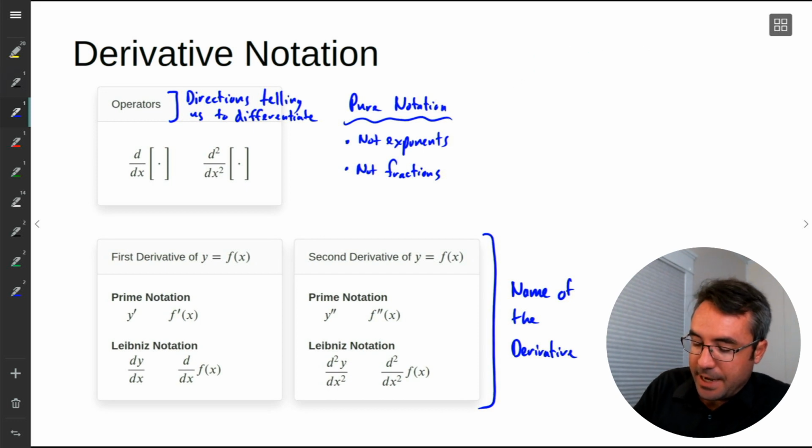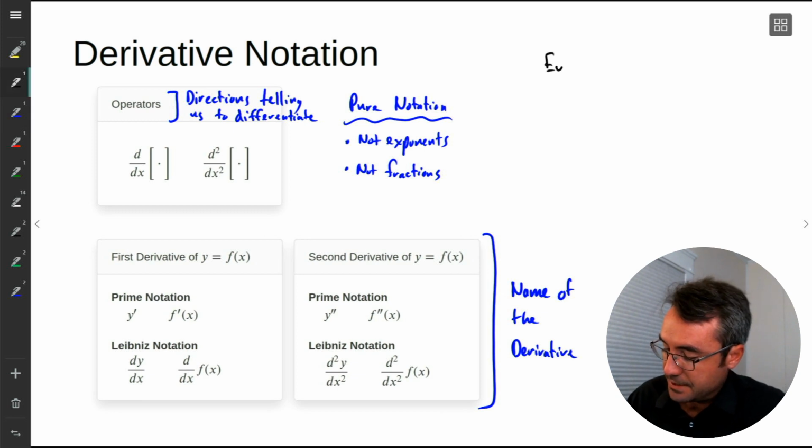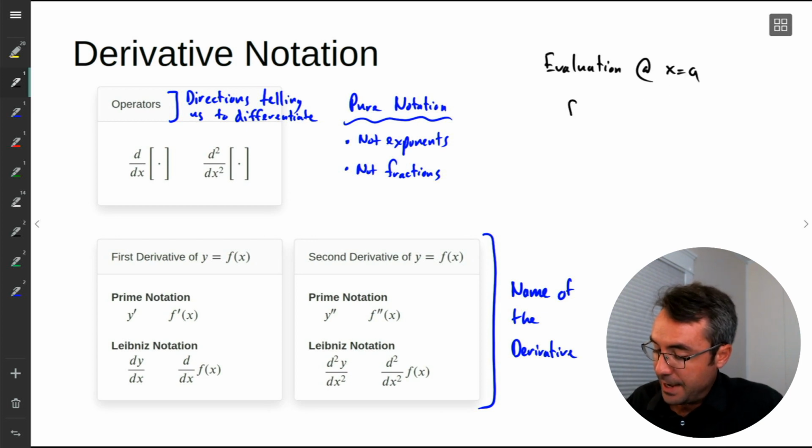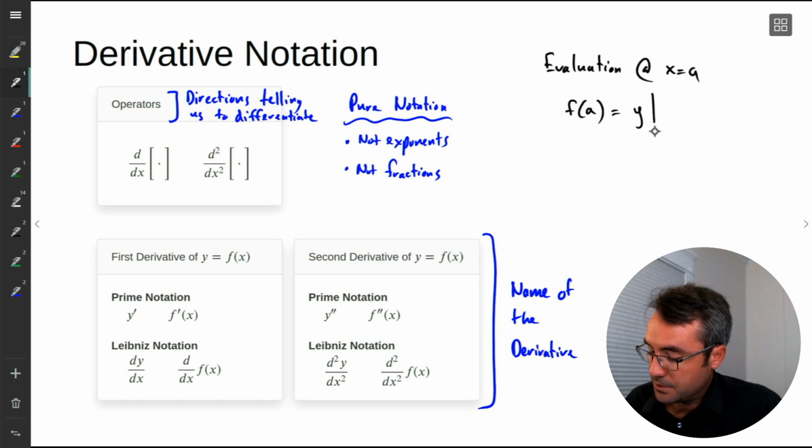And how do we indicate evaluation at, say, x equals a? Well, we sometimes use a vertical line. So, you know, if we had a function f of x and we wanted to evaluate at a, this is how we would denote that. But we could also write it as y, vertical line, which means evaluate at x equals a.